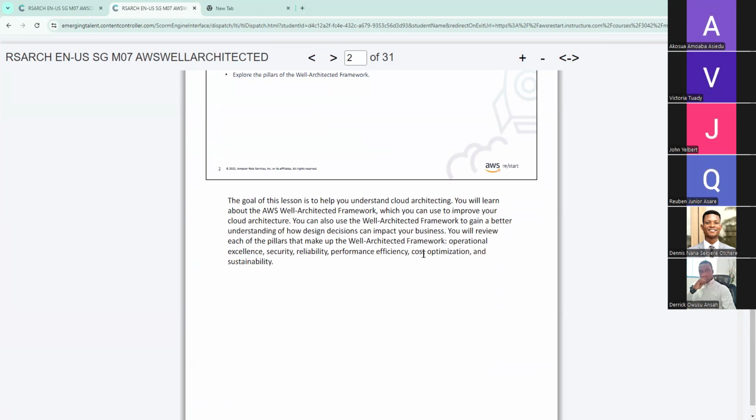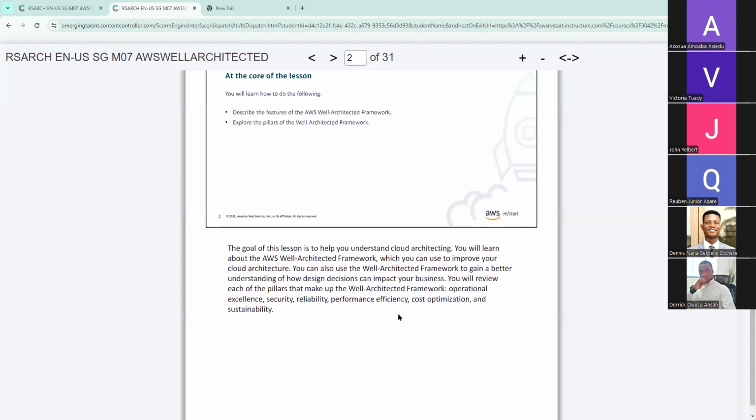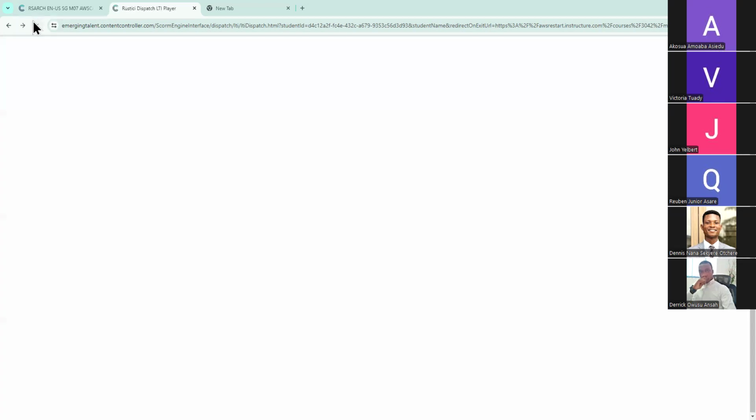It's not going to leave you vulnerable to attackers, etc. So that's what we mean when we speak about the well-architected framework.